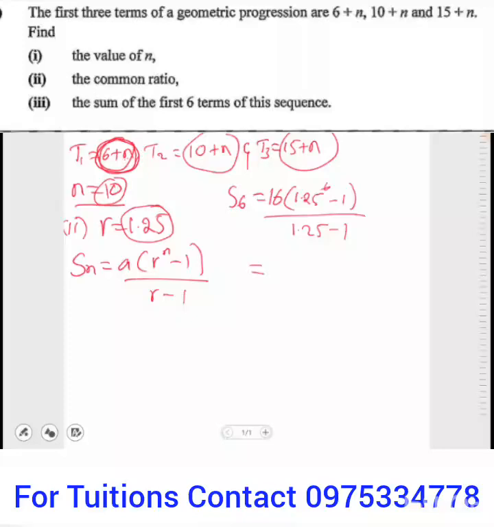You close the bracket, then you divide by 1.25 minus 1, which is 0.25, yes. So divide by 0.25.